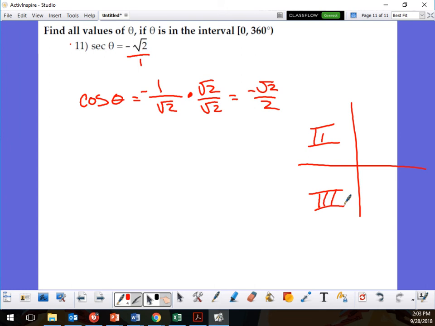So in quadrant 2, it should be 135. And in quadrant 3, it should be 225. Yes? Wait, what? Are you looking at your unit circle? Yeah. This one? 135.